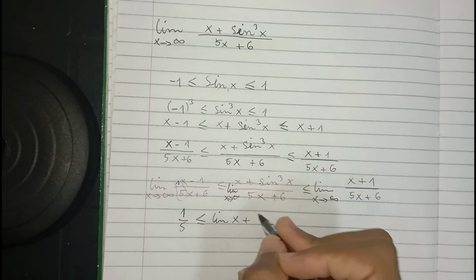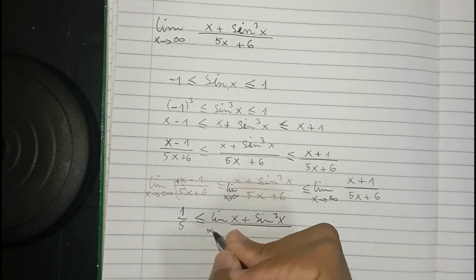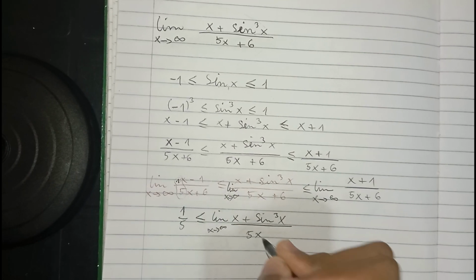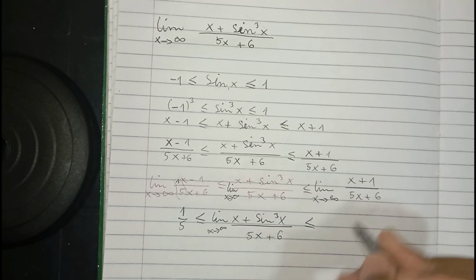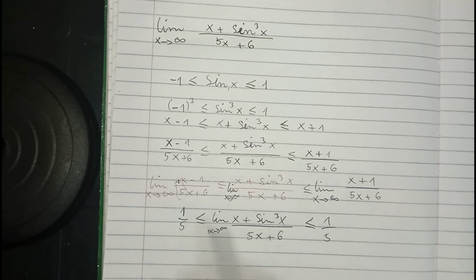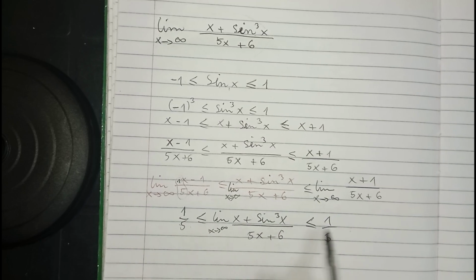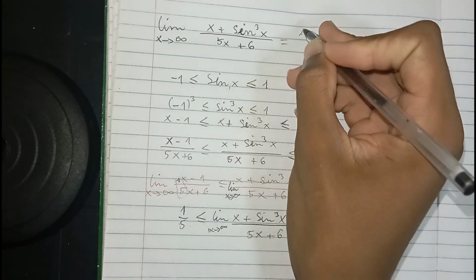So here it's this, x approaches infinity, 5x here. So as they are both equal, we can say that this limit is equal to 1 over 5.